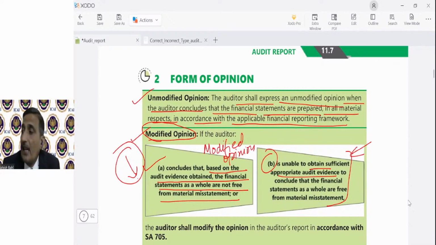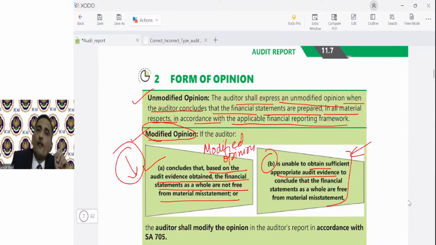Then in such a case he would not be able to obtain sufficient appropriate audit evidence, okay, because he has to conclude whether financial statements as a whole are free from material misstatements or not. So he can conclude this through two things.